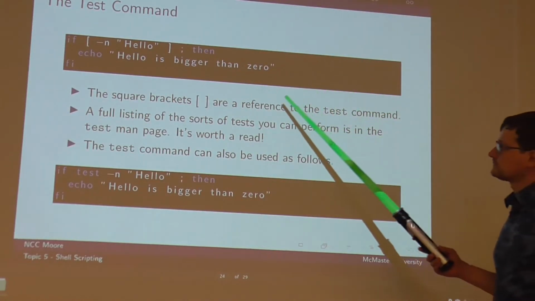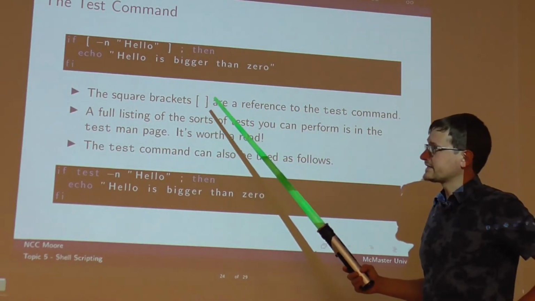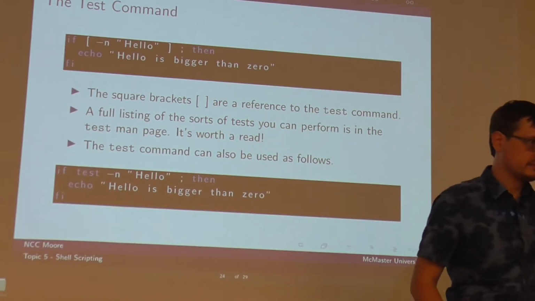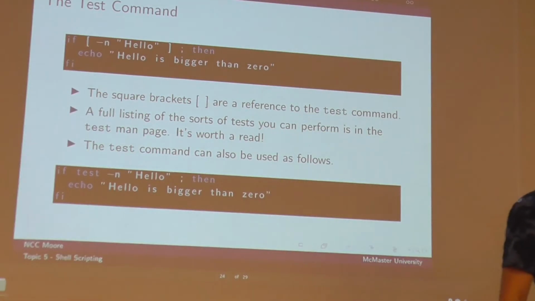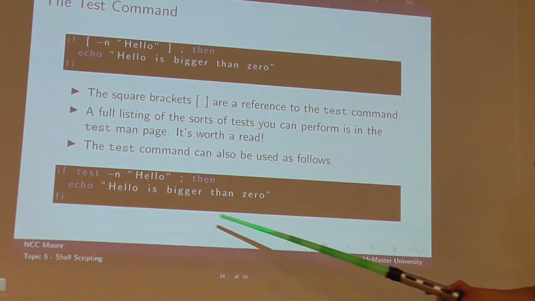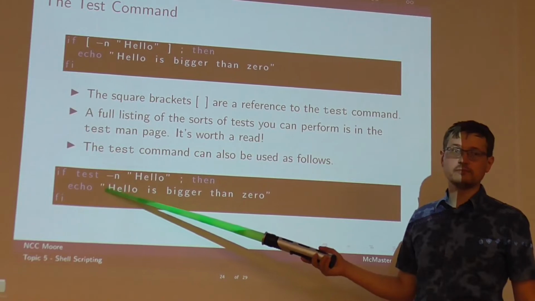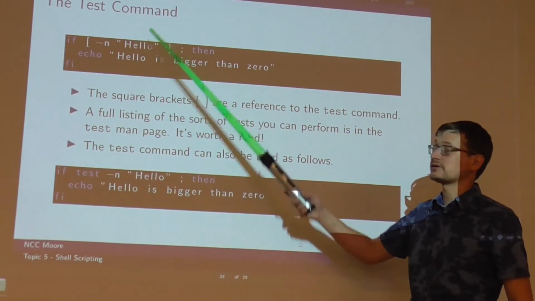So test is implicit in the fact of square braces being used. This is actually not necessary. You can use test directly, but this is less writing and looks nicer.